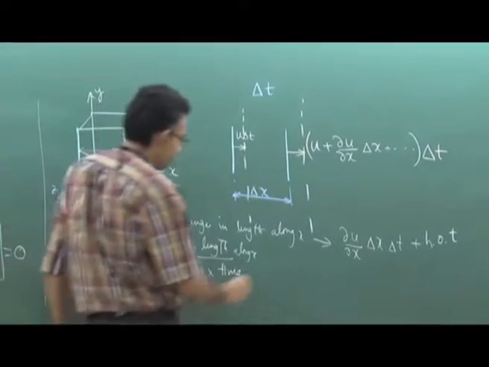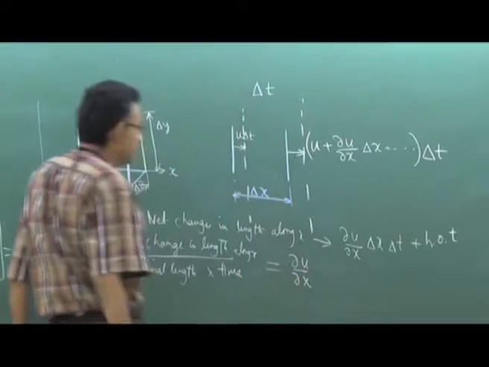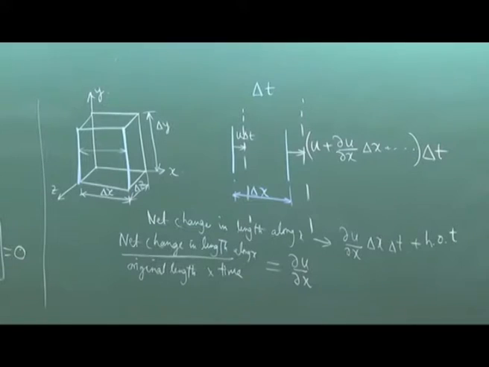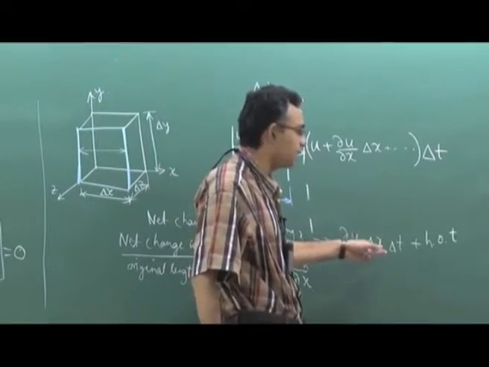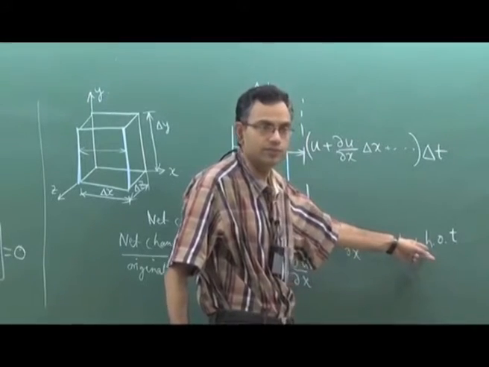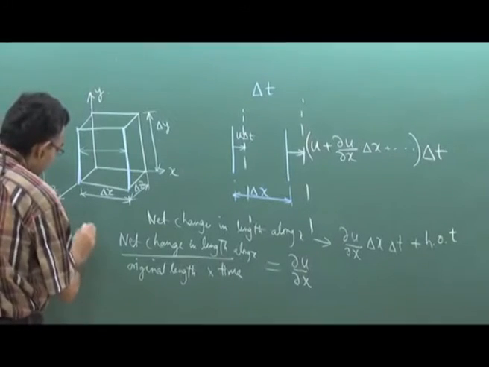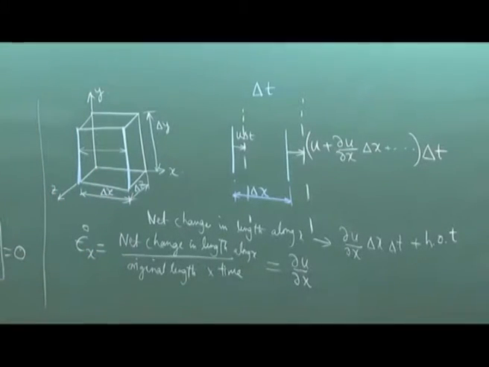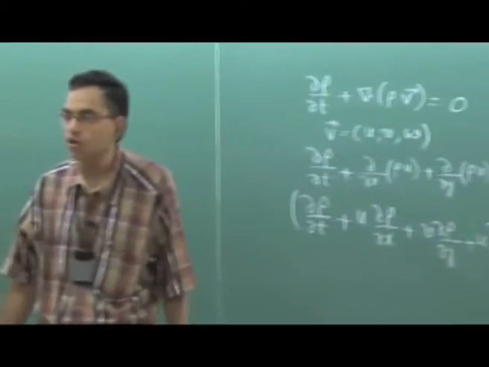This is equal to, because if you now divide both sides by delta x into delta t and take the limit as delta x, delta t all tend to 0, the higher order terms will tend to 0. So, this is nothing but what? This is the so called strain rate of the fluid element along x, epsilon dot x.